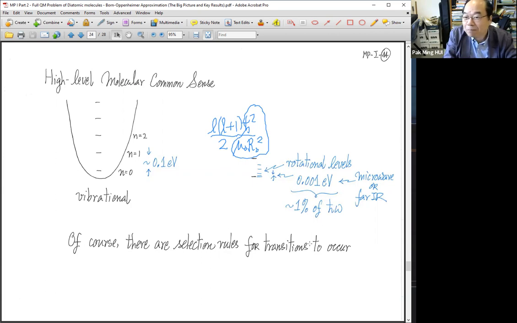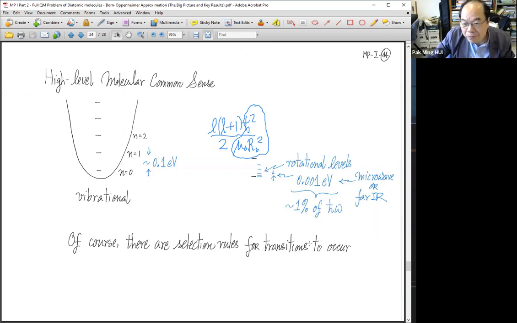Well, you just plug anything like nuclear mass, maybe 10,000 times of an electron. Bond length, well, plug 2 angstrom into it, about right, okay? Just plug in it, then you know.